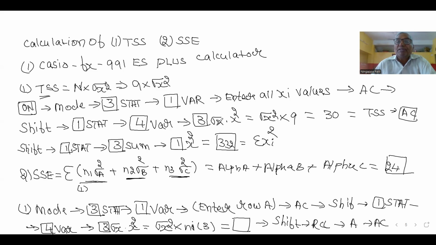Press the x square button, it becomes sigma x square. Then multiply it by capital N. Capital N is 9. Then if you press it, 30 you are getting. 30 is the value of TSS. You enter that 30 value.